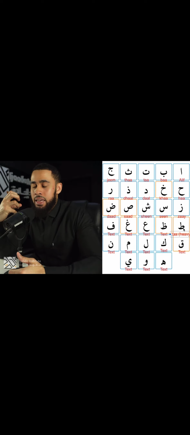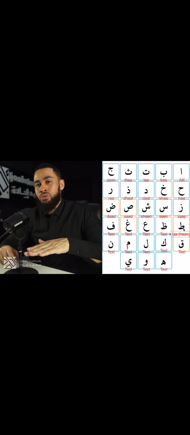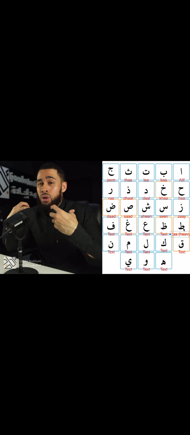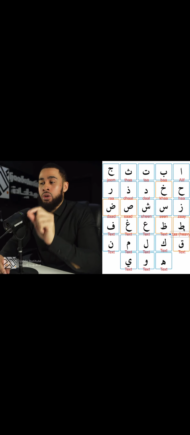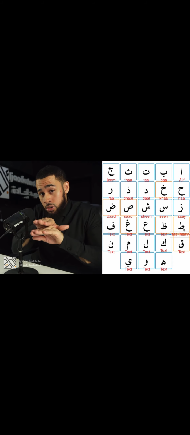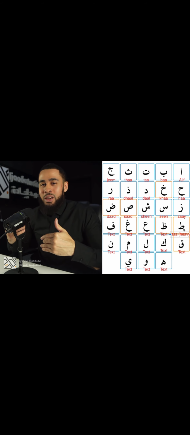It's like an elastic sound. Ta. Ta has a very elastic sound. And the way that's created is the back of the tongue comes up and it creates that sound. If you're pronouncing ta properly, like from the tip of the tongue, like I told you before, the tip of the tongue coming up like this, the ta becomes easier.